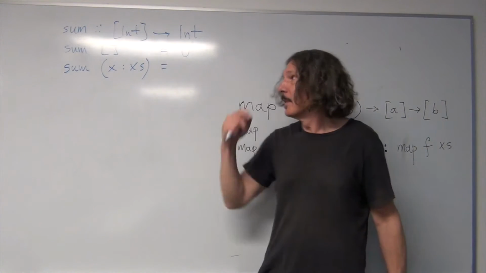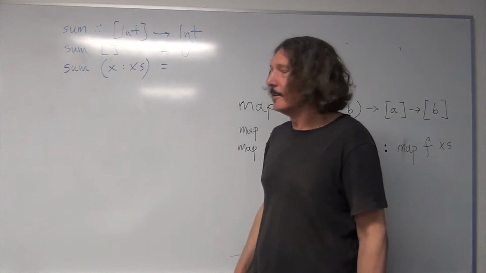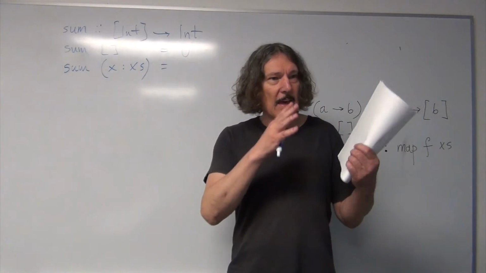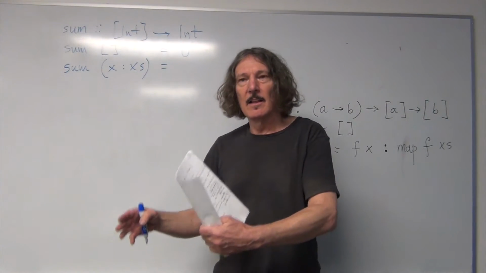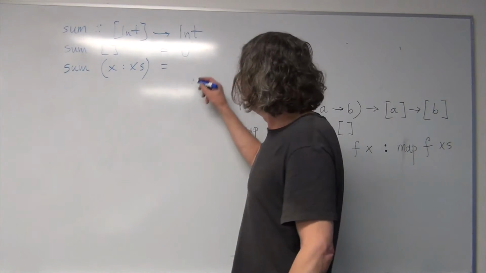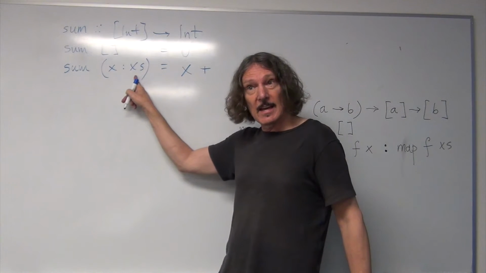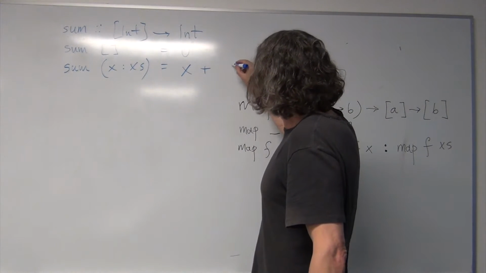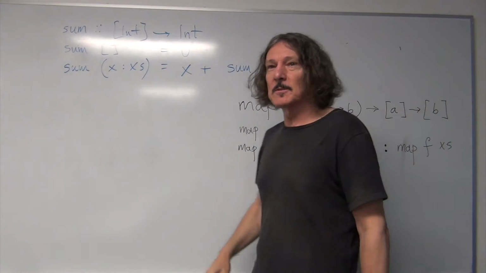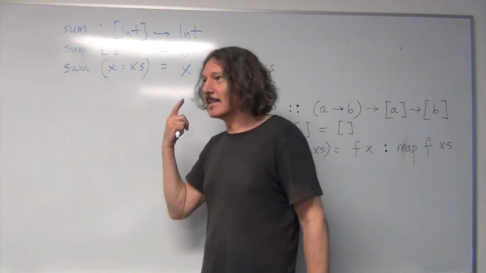Now if you apply sum to a head and a tail, then you have to add the value of the head, plus the sum of the tail. And the sum of the tail is just the sum of the tail, right? I use words and then I write it the same way as I say it.